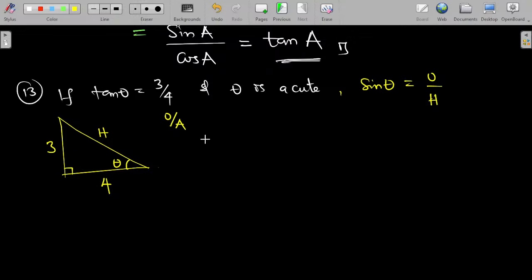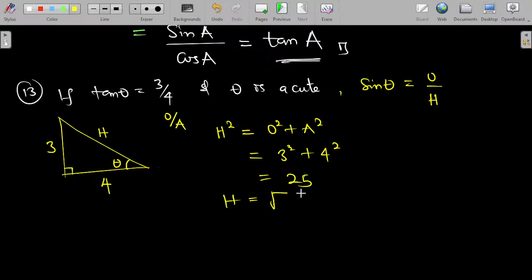And from Pythagoras theorem, which says that h squared is equal to o squared plus a squared. So what is o now? o is opposite, 3 squared, plus a, which is 4 squared. So this will give me 9 plus 16, which is 25. So my h alone is going to be the square root of 25, which is equal to 5.